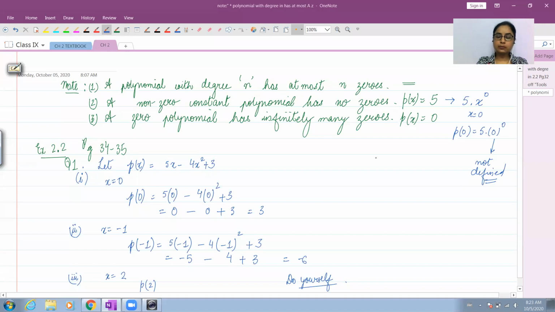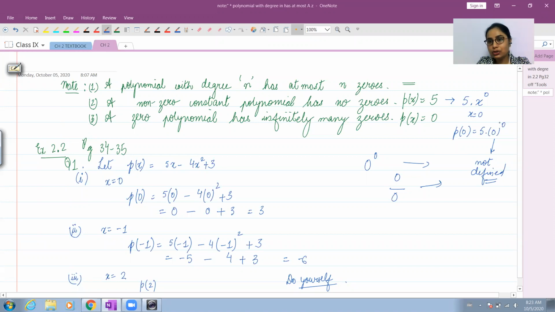When you learn about exponents and powers, when you do laws of exponents, there is one condition which applies to the laws, that the base cannot be 0 when you're raising to the power 0. So 0 raised to the power 0 is not defined, 0 by 0 is not defined. So there are certain terms which are not defined. So you cannot try 0 as a zero for a constant polynomial.